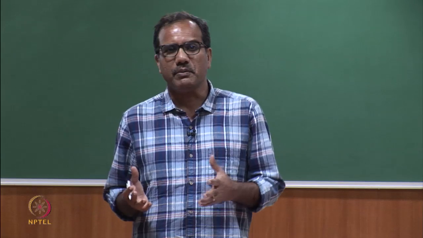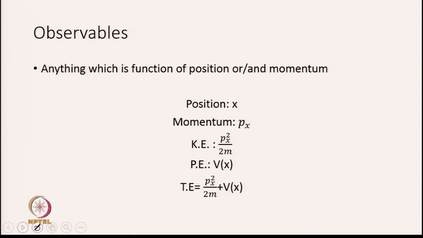So, what is an observable? An observable is a function of position and momentum. For example, the position of a particle is given by x, the momentum of the particle is px, and the kinetic energy is px square by 2m. So, kinetic energy is a function of momentum.